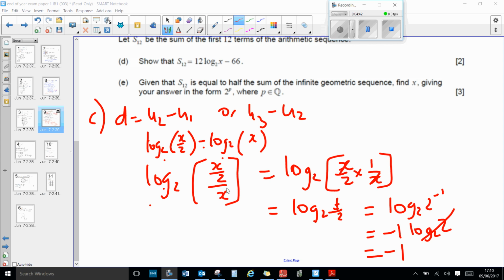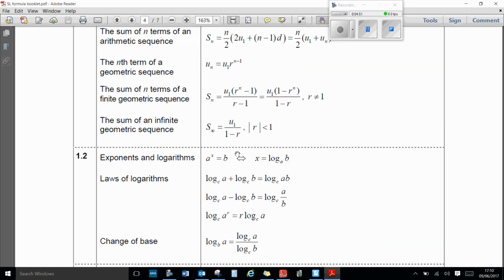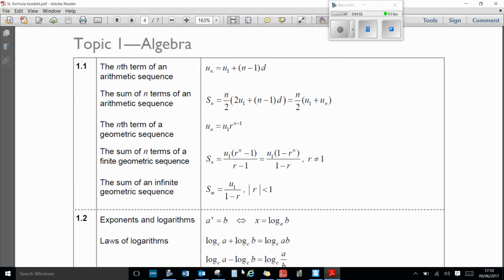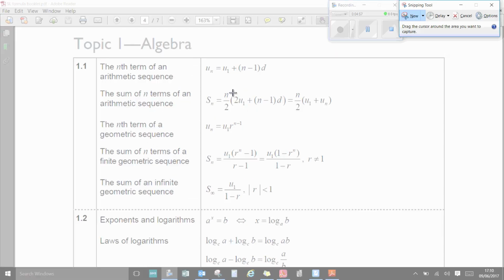Okay. So the next one is we need to show S12, the sum of the first 12 terms of the arithmetic sequence. So we're going to, again, go back to our formula for the sum of the arithmetic sequence. So I'm going to use this.